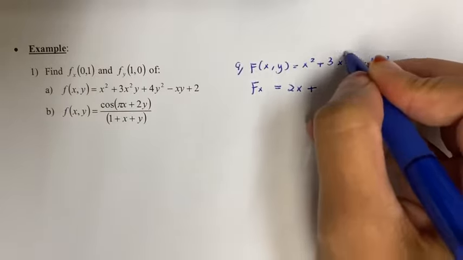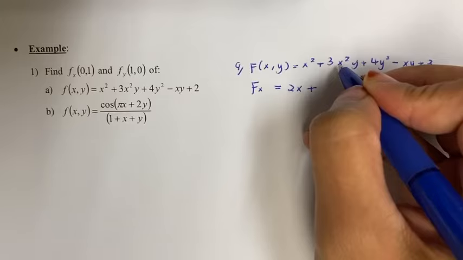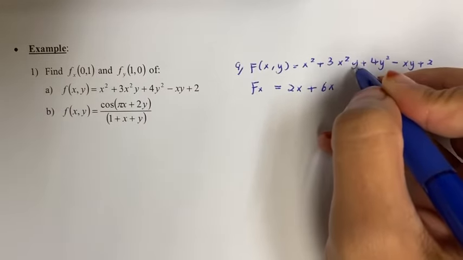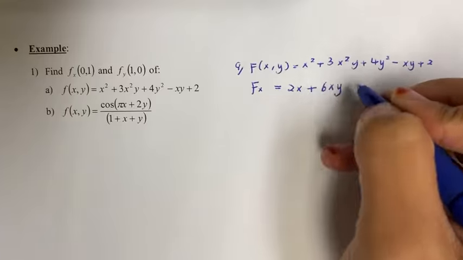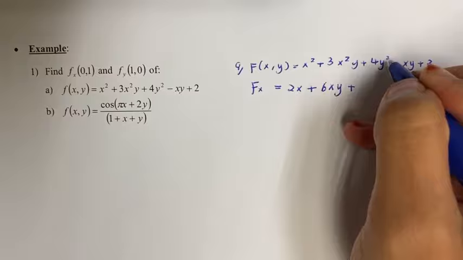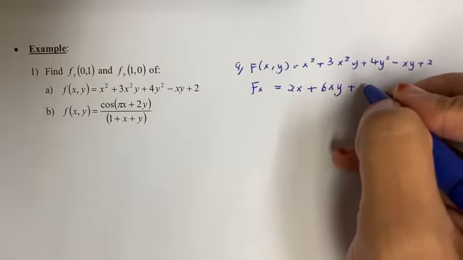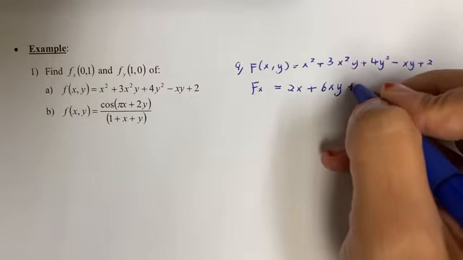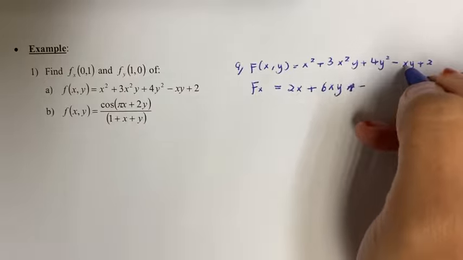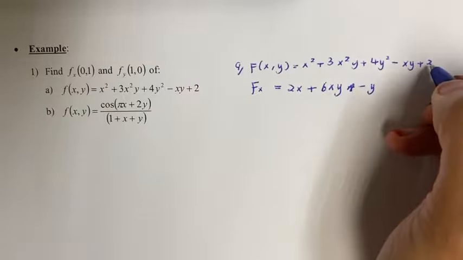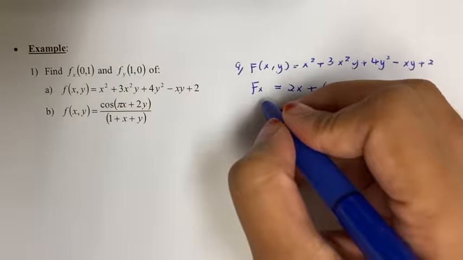Plus differentiating 3x square becomes 6x, and then y, assuming y is constant, just remains y, so 6xy. Plus 4y square: there is no x here, so this becomes 0. And then minus xy: differentiate x is equal to 1, multiplied by y, you have y. And here you have 2, differentiate 2 with respect to x is equal to 0. So you have your fx here.